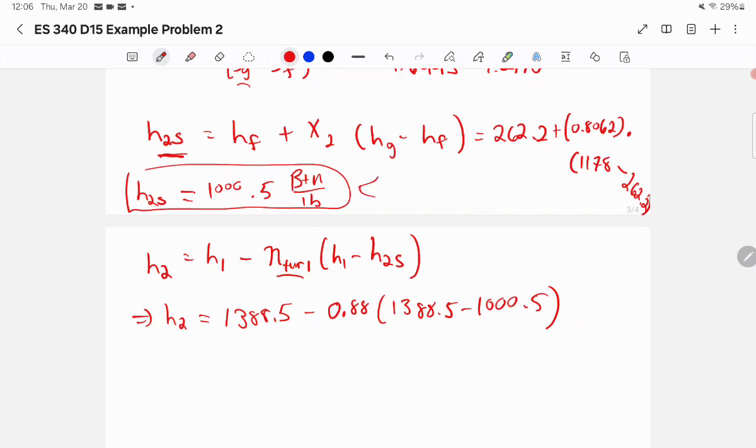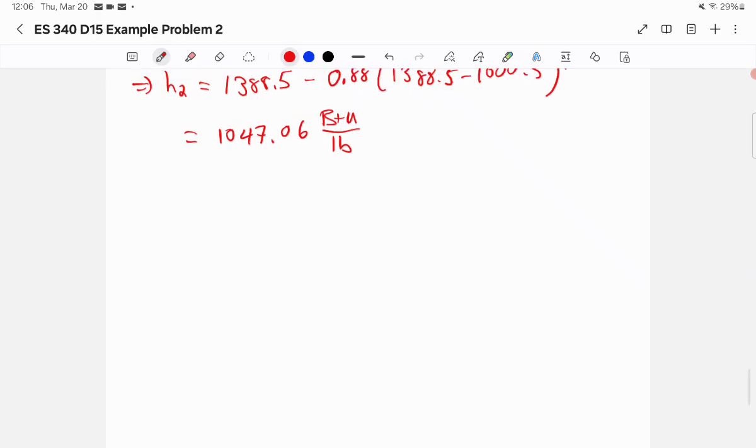And that gives me approximately 1,047.06 BTU per pound. Okay, so that's my H2.